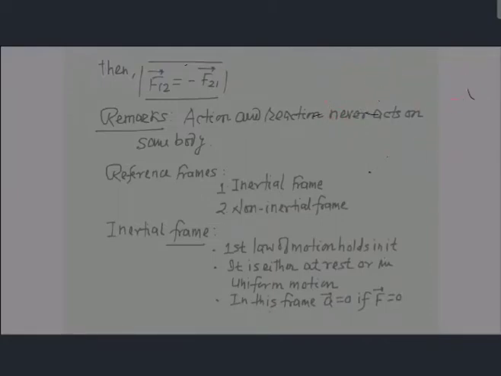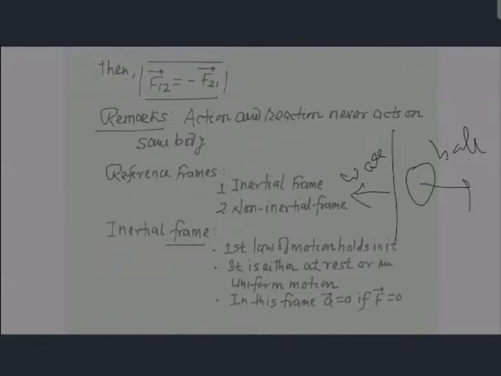So now we will understand this remark that action and reaction never acts on the same body. What does this mean? This is very obvious, right? If we take the example of wall and ball, then what was happening? The ball applied the action on wall, and the wall applied the action on ball.